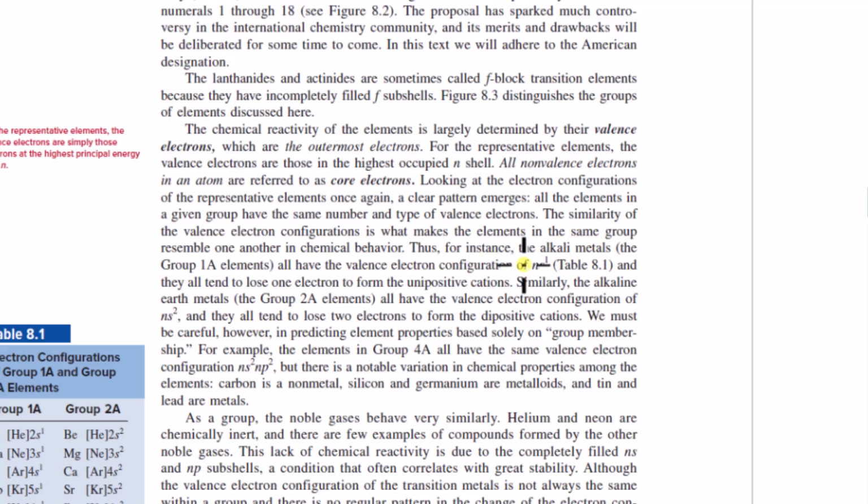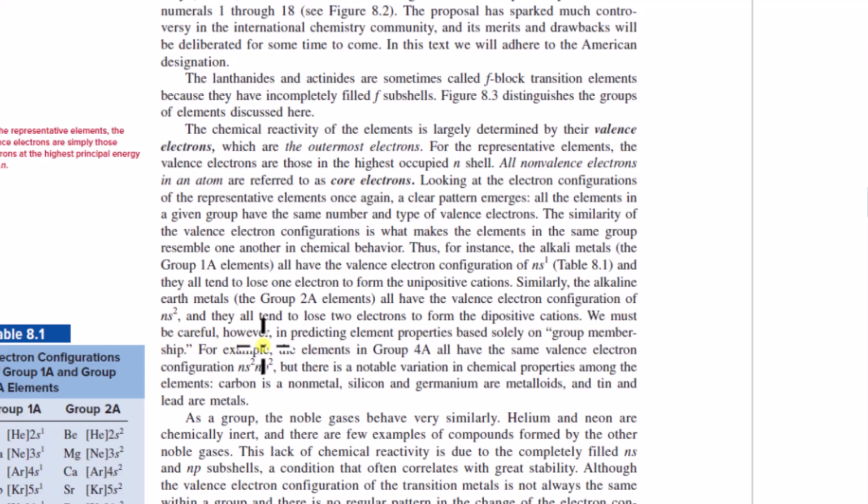Thus, for instance, the alkali metals all have the valence electron configuration of ns1, and they all tend to lose one electron to form the unipositive cations. Similarly, the alkaline earth metals all have the valence electron configuration of ns2, and they all tend to lose 2 electrons to form the dipositive cations.